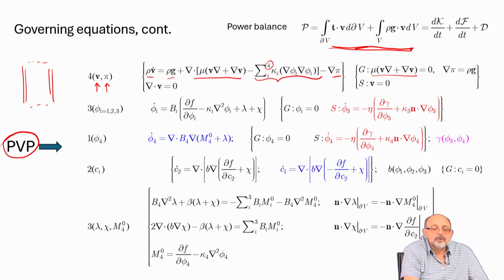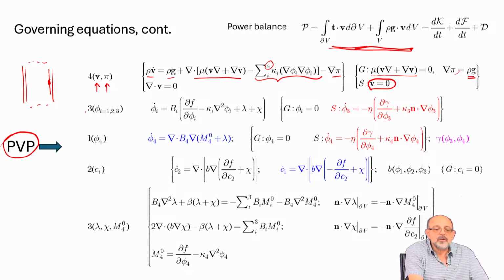So on gas boundary, shear stresses will be zero, and pressure gradient is rho g. On solid boundaries, well, such as here, we have no slip, no penetration condition. So, because we keep our solid boundary fixed, velocity of fluid there is zero.